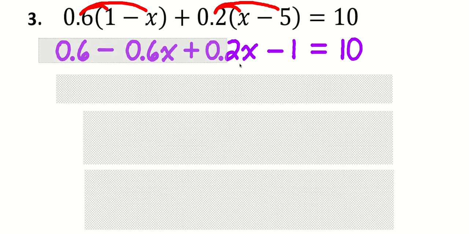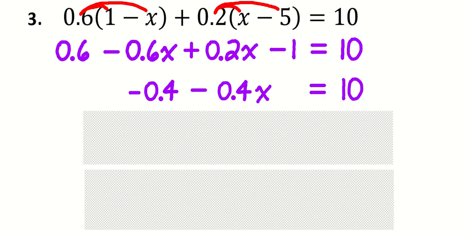From there, you're going to want to notice that there are some like terms already on this side together, like this 0.6 and this minus 1, and that is a minus 1. The sign is included with the term. So 0.6 minus 1, as well as the negative 0.6x plus 0.2x.